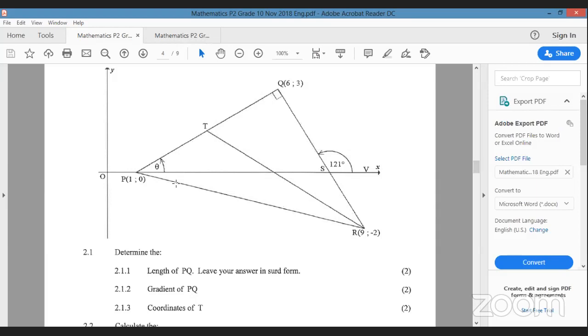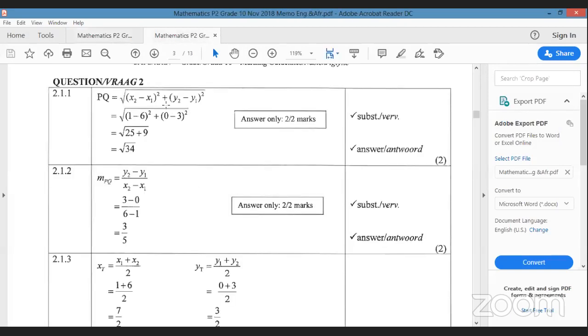Does it make sense? The same applies: 0 is y for P, and 3 is y for Q. So this is how you calculate your distance. Then you substitute everything. 1 minus 6 is negative 5 squared, and that is 25.